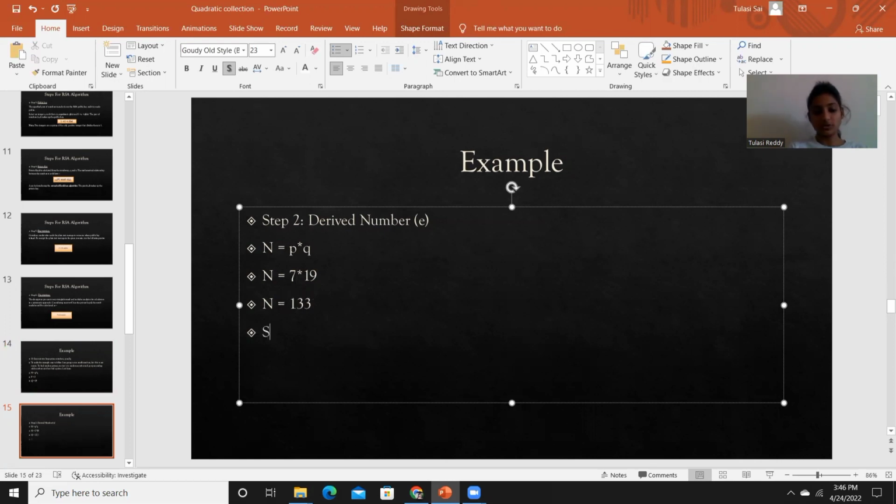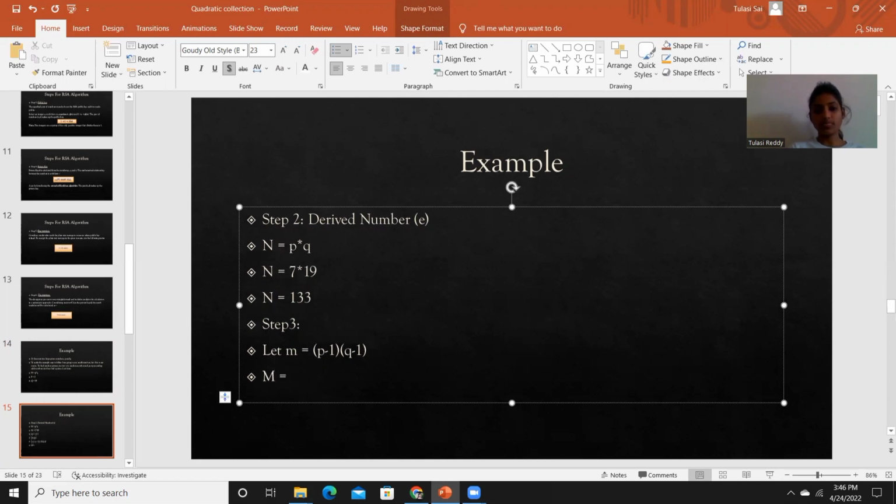Now, in step 3, we will find the value of m. Let m equal to p minus 1 into q minus 1.